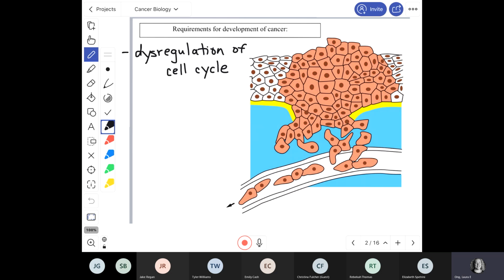And what you learn in this class gives you the tools to understand generally how that happens in all different kinds of cancers. So something goes wrong with the cell cycle. And then cells are going to divide inappropriately.